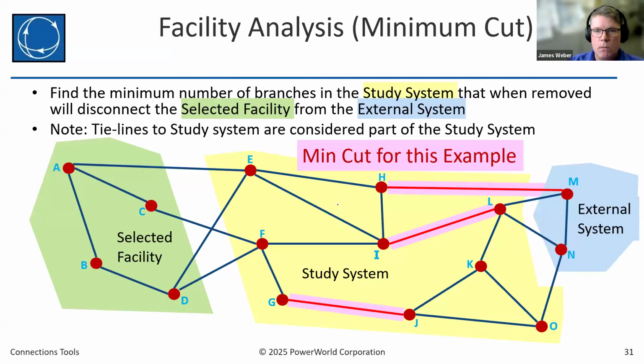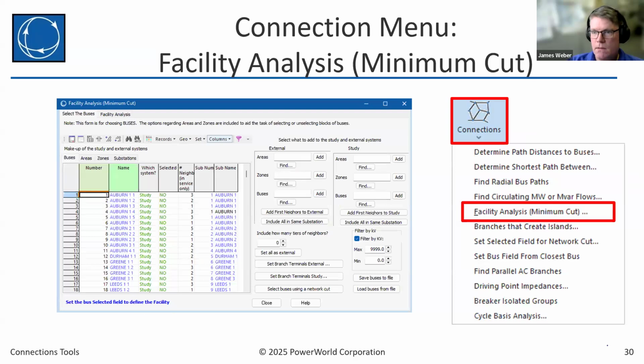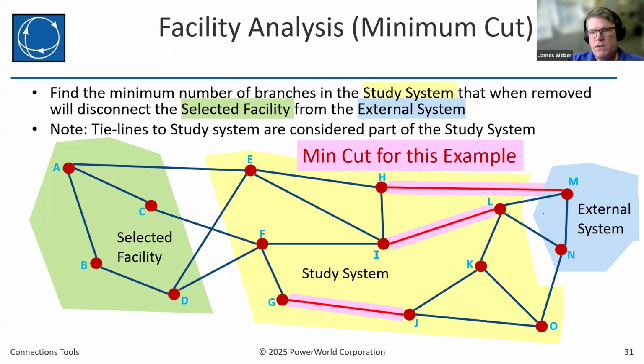In PowerWorld, we have a tool we call facility analysis. Again, it's under connections and then facility analysis. We also just call it the minimum cut, because it's what mathematicians call the min cut algorithm. What this is going to do is we're going to choose a particular facility, which is a group of buses.